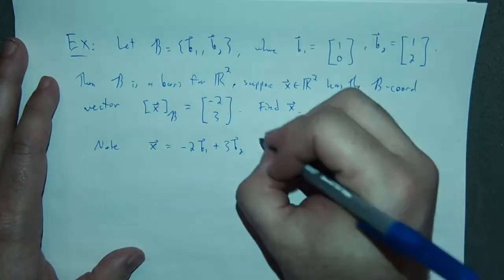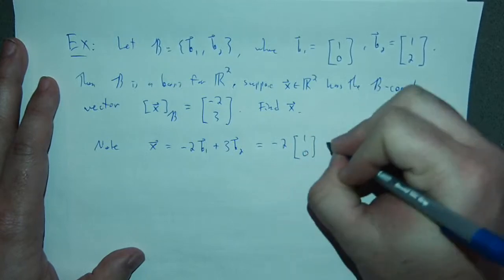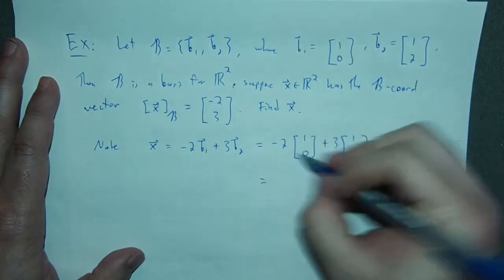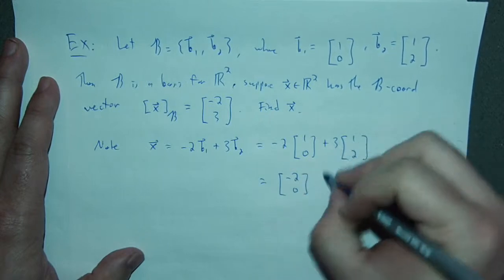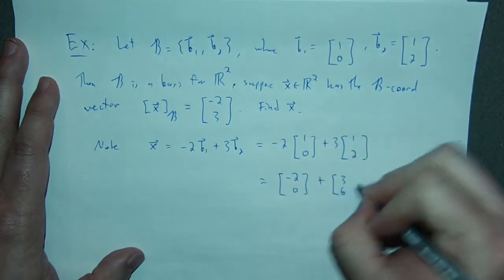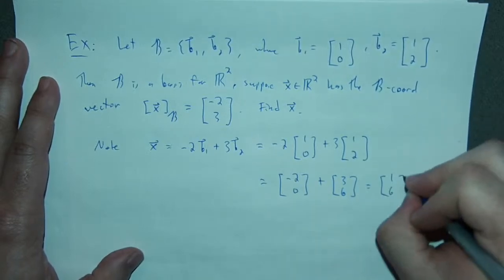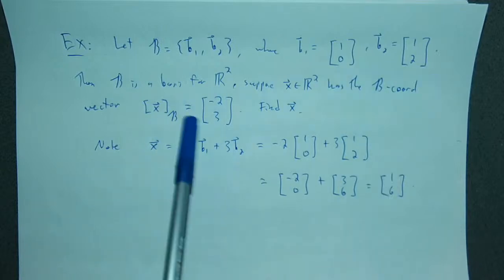So I can just compute this: -2 times (1, 0) plus 3 times (1, 2), which is (-2, 0) plus (3, 6), and so this is the vector (1, 6). So the vector X with respect to the standard basis is (1, 6), but with respect to this basis B, it's (-2, 3).